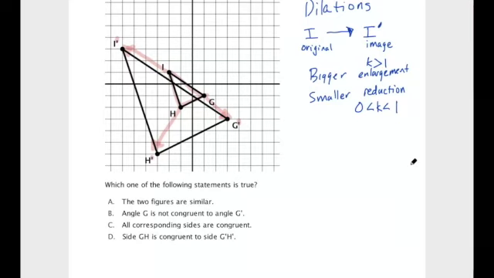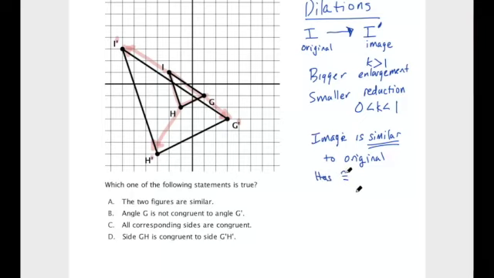And all dilations, the image is similar, and that's that big word, similar to the original. That means it has congruent angles and sides that are proportional. Okay, so that is important.